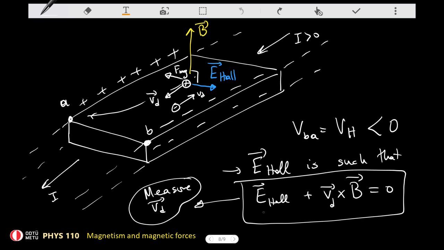So as a result, from the measured value of the Hall electric field and from the known value of the magnetic field, we can measure the drift velocity here. By using the drift velocity, of course, we can also measure other properties like the density of the charge carriers and things like that. So as a result, because of that reason, the Hall effect is a very important measurement tool for understanding the properties of the charge carriers.